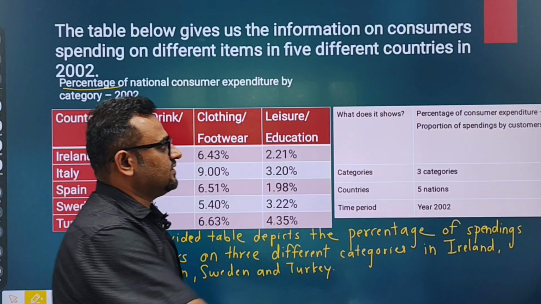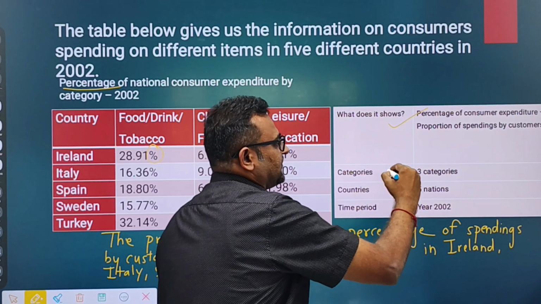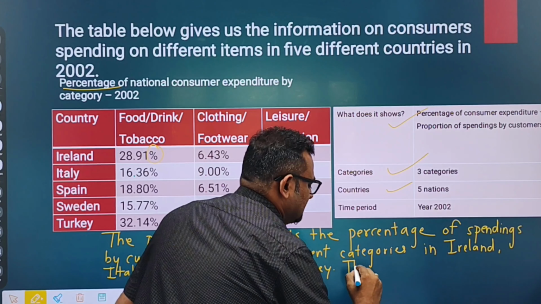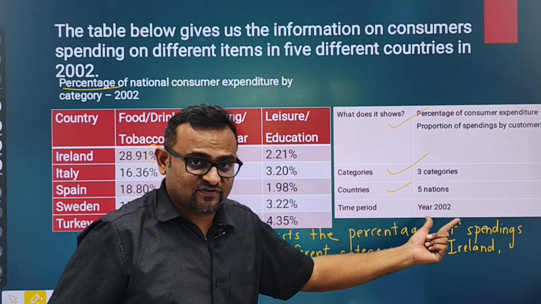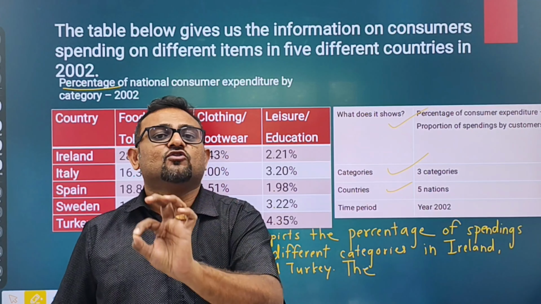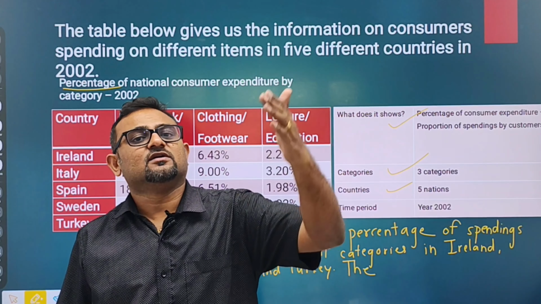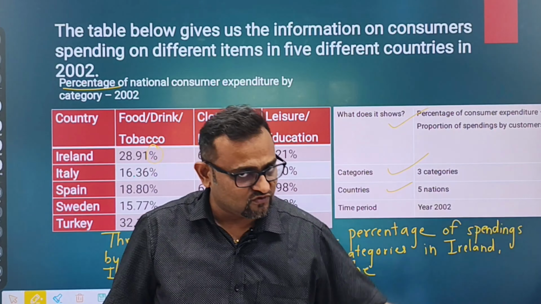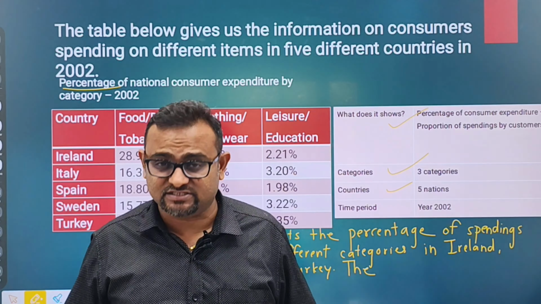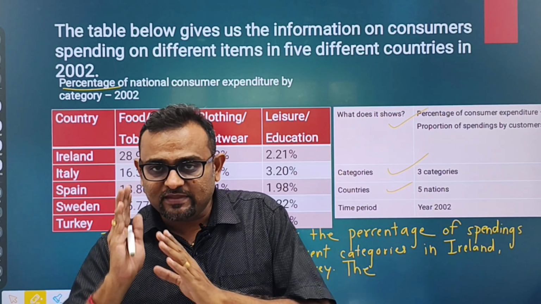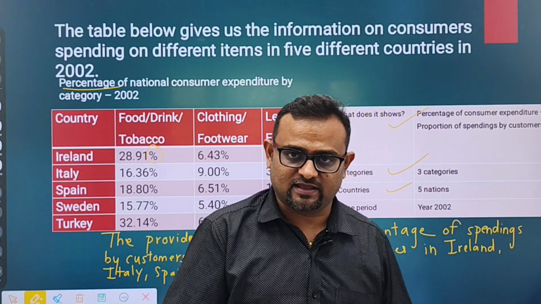Okay, so see, what does it show? There are three categories. We have listed five nations. The only thing remaining is the time element. Okay, so the sentence: the information is, now see, for a specific year. There is a specific year, for example 1990, 2000, 2005. But when there is a range, like from 1990 to 2005.